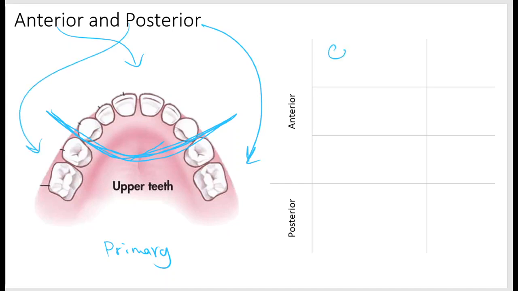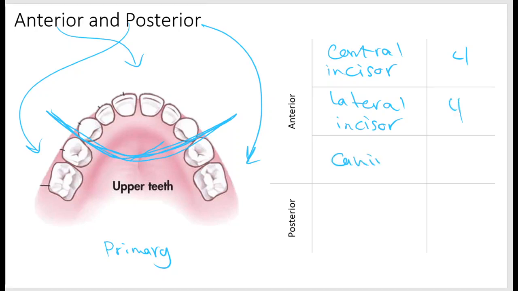So we still have central incisor, and we still have 4 of them. We have lateral incisor, and we have 4 of them, and we have canines, and we have 4 of them, right?